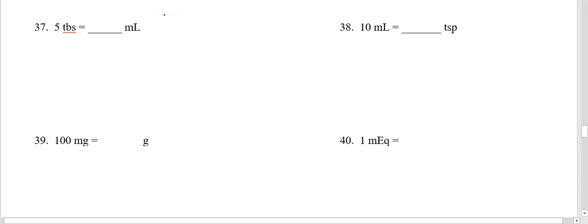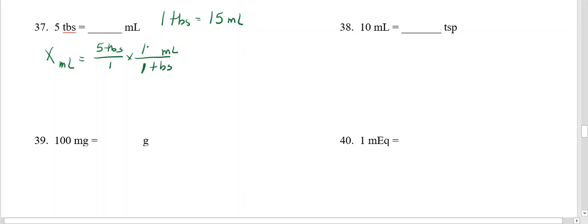Remember a while ago we worked it out and I showed you that 1 tablespoon equals 15 milliliters. So that's my conversion. So I'm going to start my problem because I'm looking for milliliters. So X milliliters. I know the 5 tablespoons, so it goes on top over 1 and times. Since tablespoons are on top, tablespoons go to the bottom, and milliliters will go on top because that's what I'm looking for.